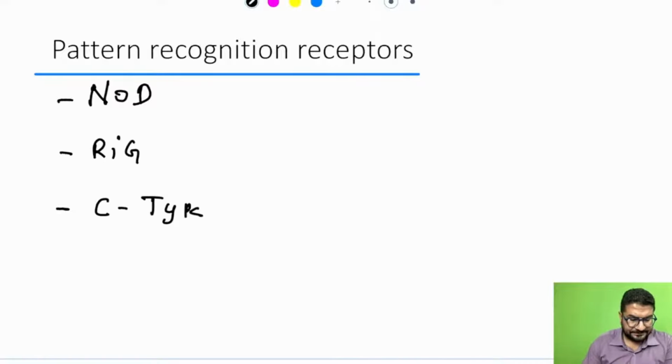What other types of receptors do you have? Yes, we have NOD type receptors.